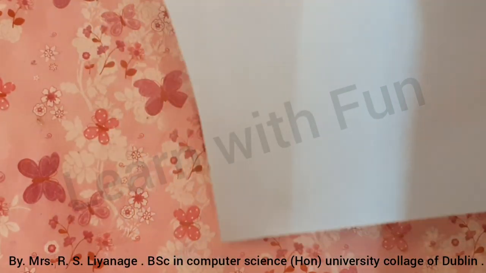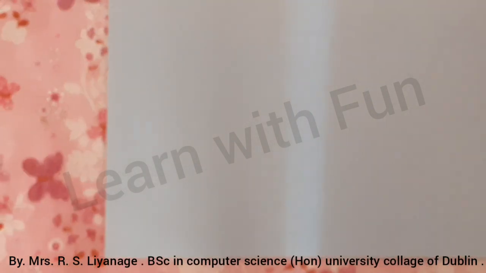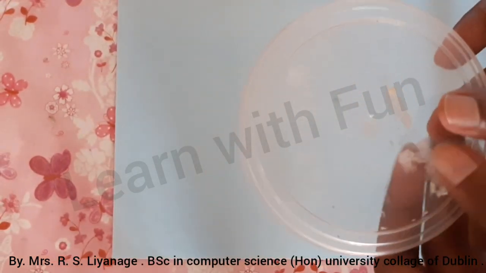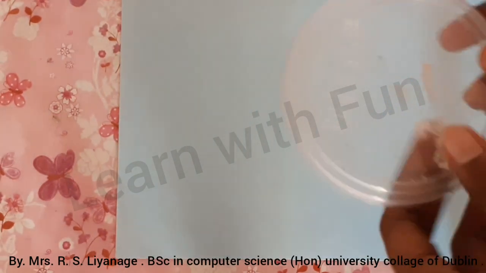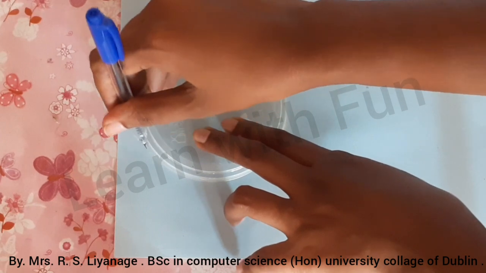Now let's do a simple activity. Here I have this colored paper with me, and I'll take this round lid and draw a circle with the help of the lid.